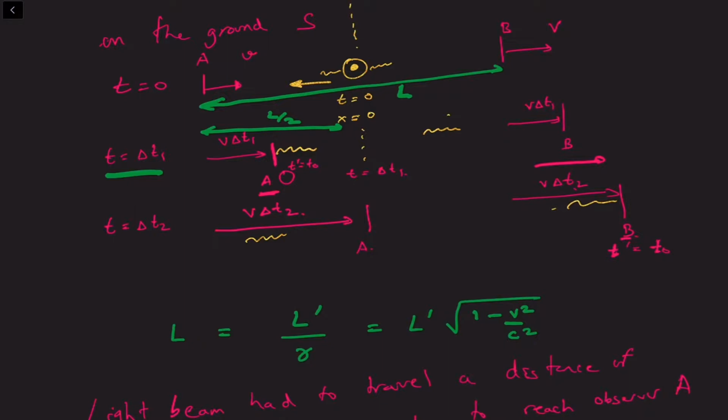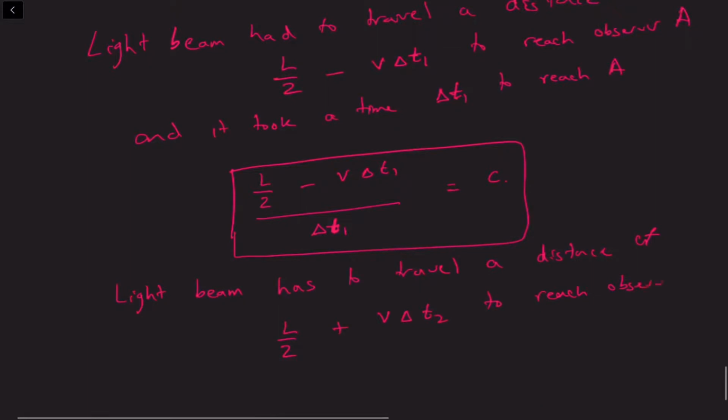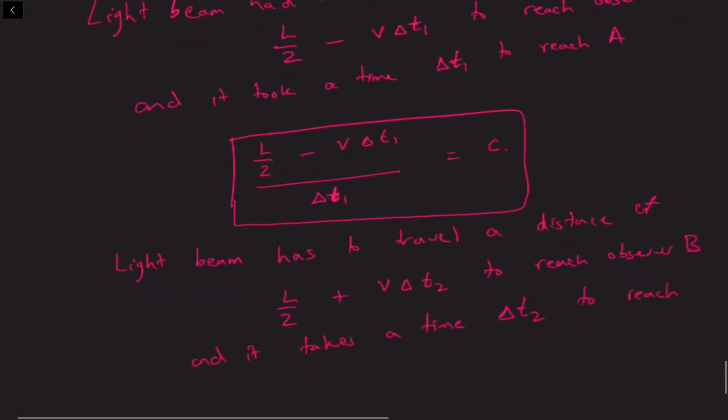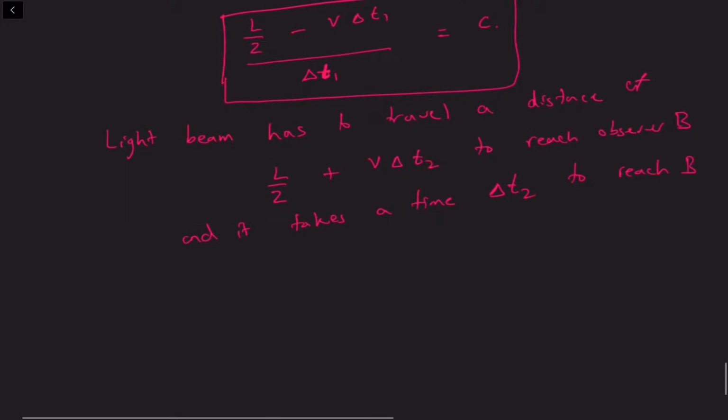So the light beam has to travel a distance of L by 2 plus V delta T2 to reach observer B. And it takes a time delta T2 to reach B. So again, since light travels at the speed of light as seen by the ground observers, this distance traveled by the light beam divided by the time it took must just be equal to the speed of light.